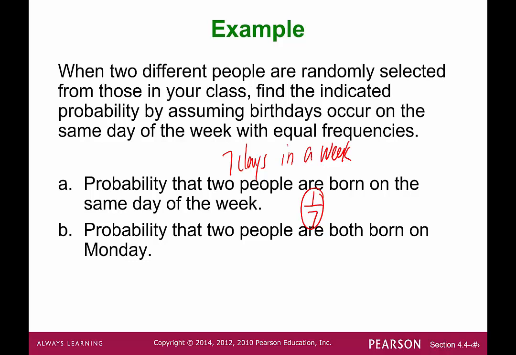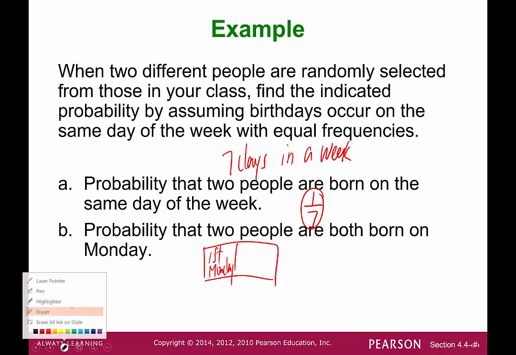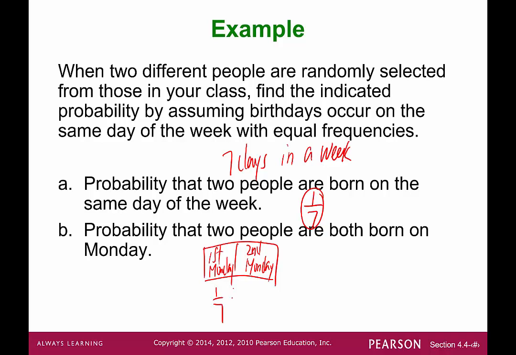Probability that two people are born on Monday. Okay. So the first one is born on Monday, the second one on Monday. There's a 1/7 chance the first person is born on Monday and a 1/7 chance the second person is born on Monday.